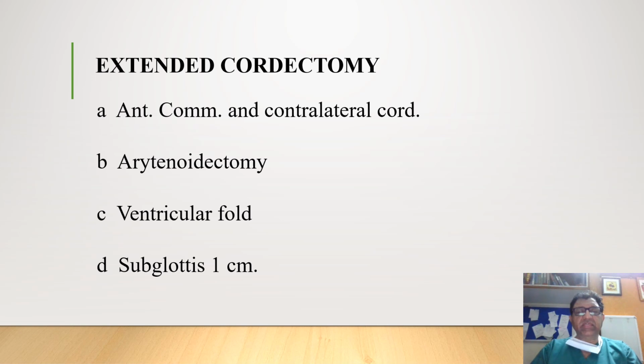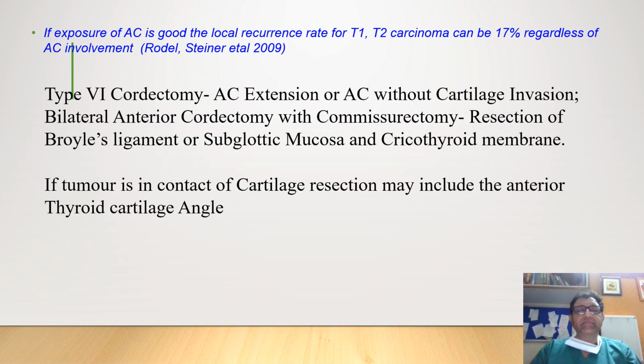Type 5C is ventricular fold excision, and type D is subglottic, that is 1 centimeter below the cords. Type 6 cordectomy is for when there is a supracommissural growth and something like a transglottic growth, anterior extension, or anterior commissure involvement without cartilage invasion. That is the indication for type 6.